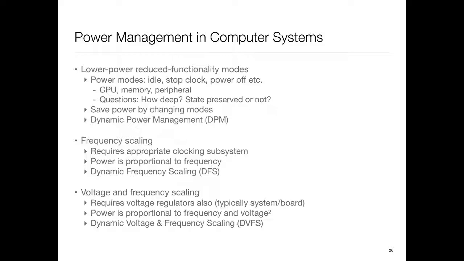The idea is that we make use of the fact that for CMOS technology, the power consumption is proportional to capacitance, to the activity taking place, to frequency, and to voltage squared. So the formula is alpha C V squared F. Alpha says how much activity happens on each clock tick, C is the capacitance in the system, V is the voltage, and F is the frequency.